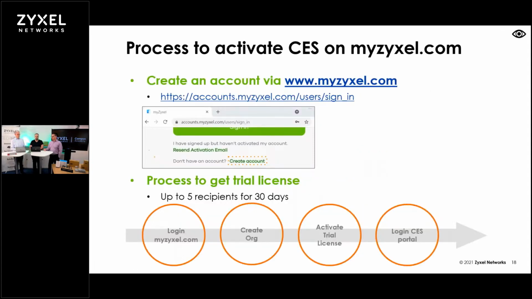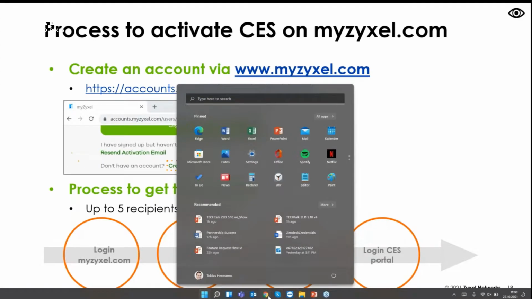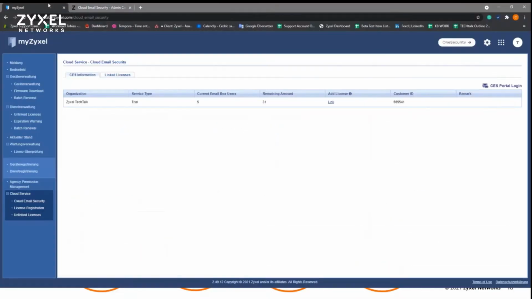To get a trial license, you just need to go to myzyxel.com and register an account if you do not have one already. From here you can activate the trial license in the bottom left corner. After you activate the trial license, you can log into the portal. So we can have a look at how this looks. In myzyxel.com, on the left side, you have cloud service, cloud email security.